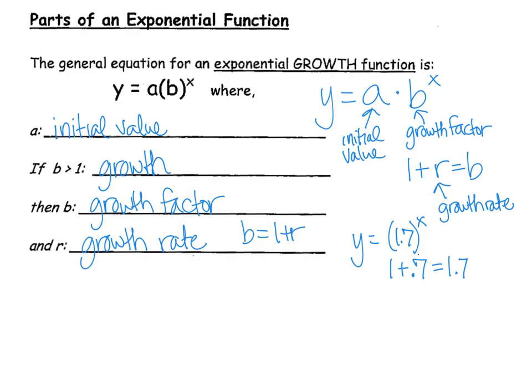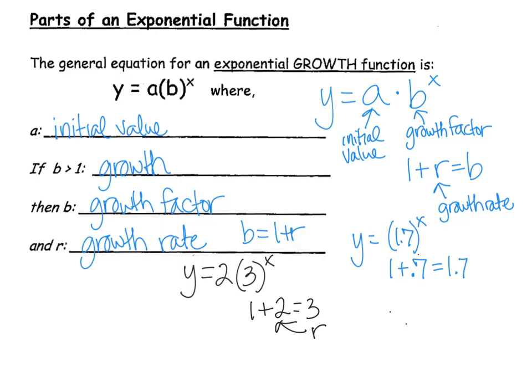Let me do another one in black. Y equals 2 times 3 to the x. I need my parentheses to be bigger than 1. How much bigger than 1 is 3? 2. 1 plus 2 equals 3. 2 is my R. 2 is my growth rate.